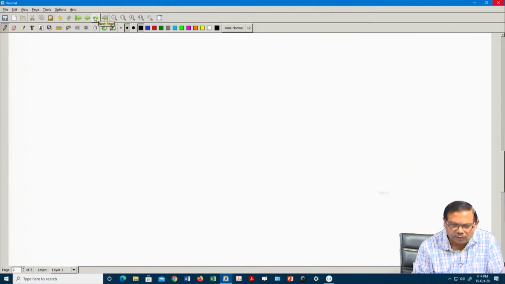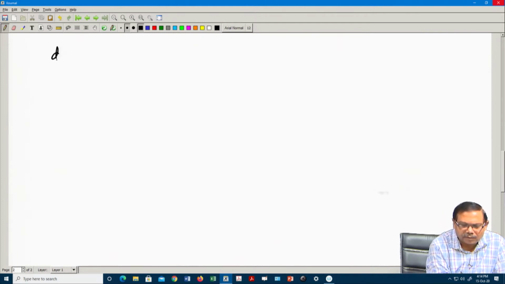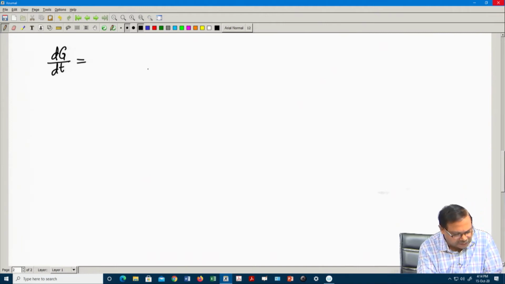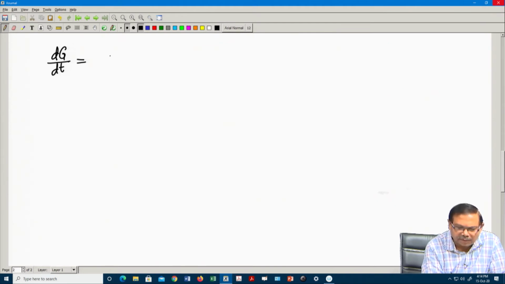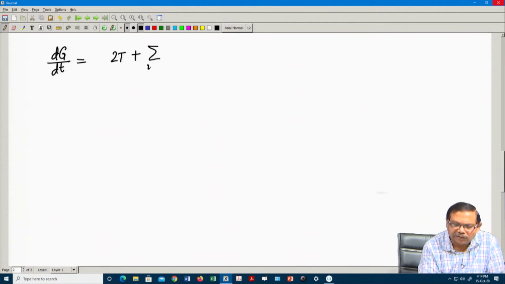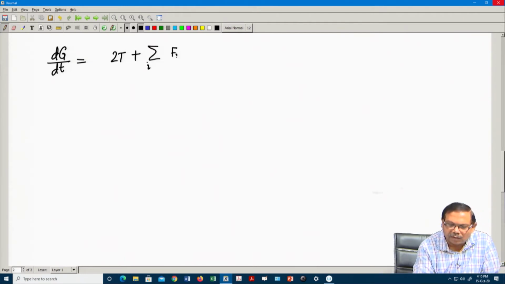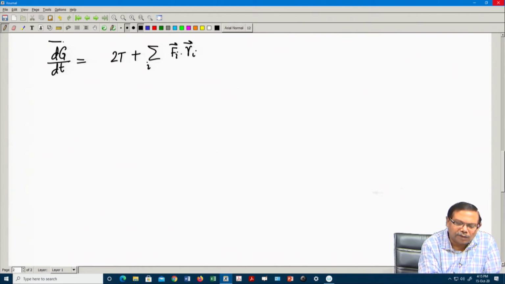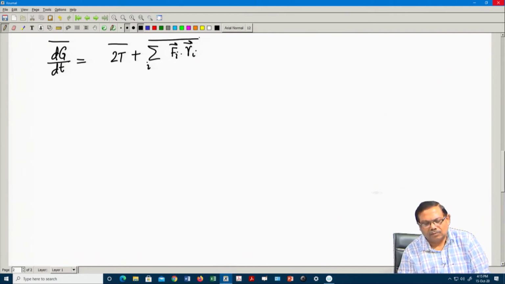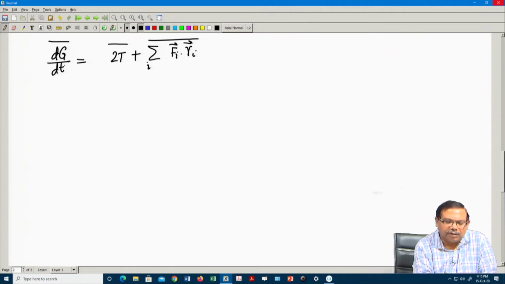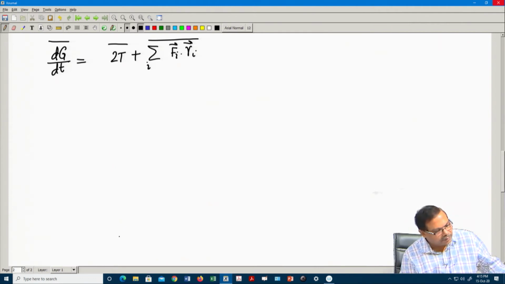Now, we come again to our expression. So, we are given 2T plus sum over i of F_i dot r_i, and we want to take the time average of this whole quantity, dG/dt.